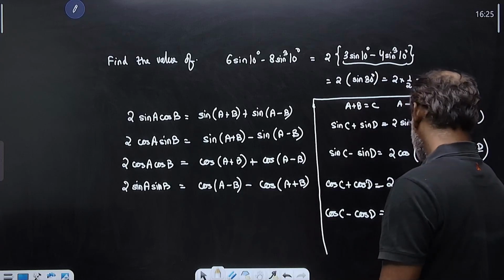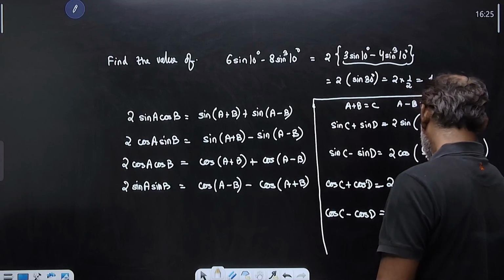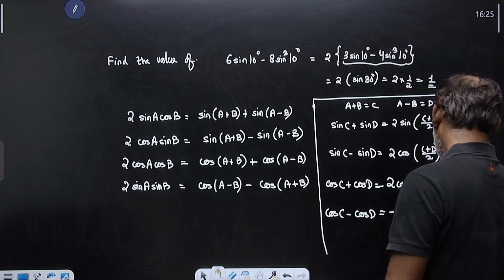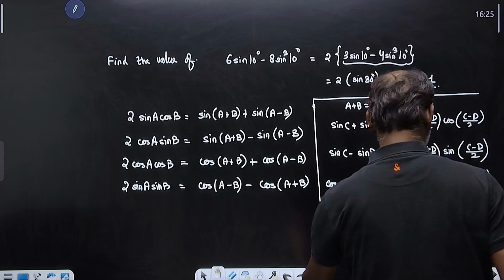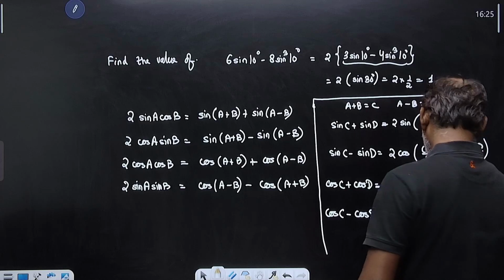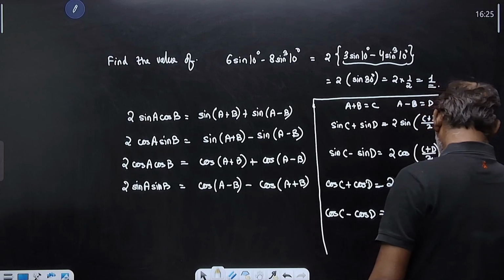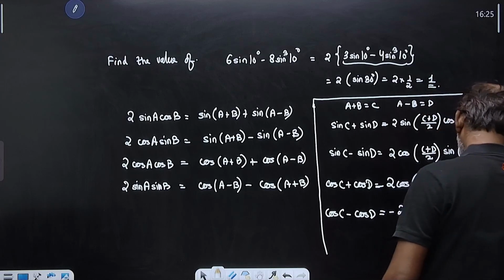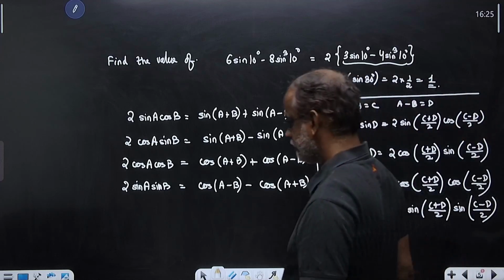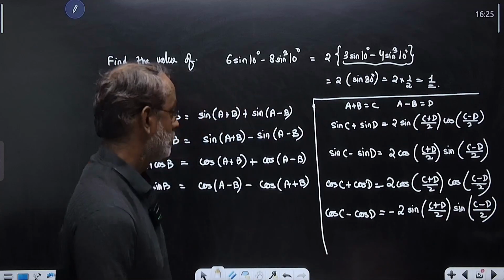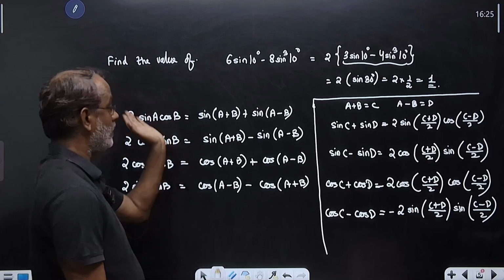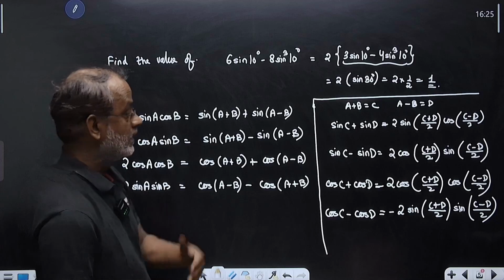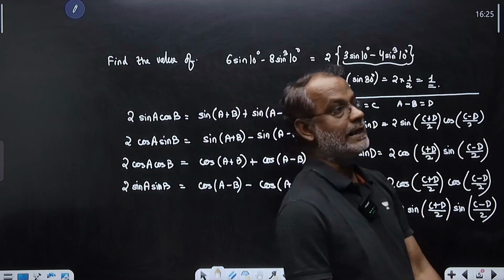It is minus 2 times sin C plus D by 2 sin C minus D by 2. So now you can see how do you change product to sum or difference to product as the need be.